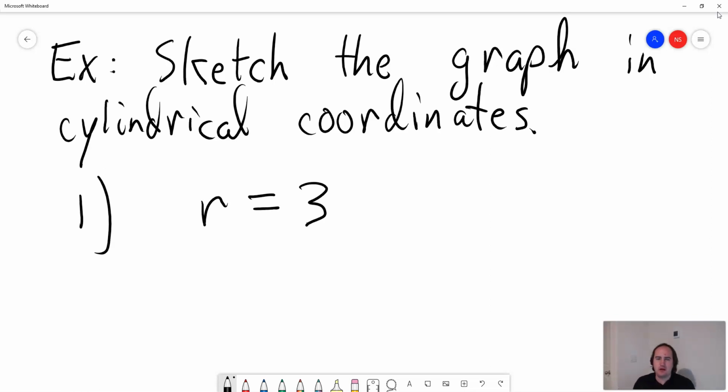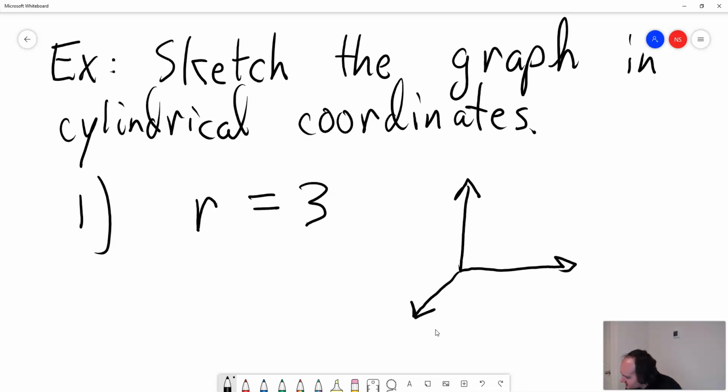Okay, r equals 3. So now remember, r is actually the radius on the xy axis. So what's this going to look like? Well, we've got our x-axis, our y-axis, and our z-axis. And the standard way to sketch that is to have the x-axis coming out at you, and then the y-axis is horizontal, and then the z-axis is vertical.